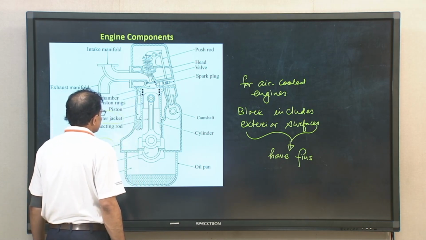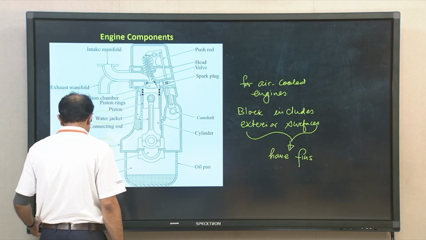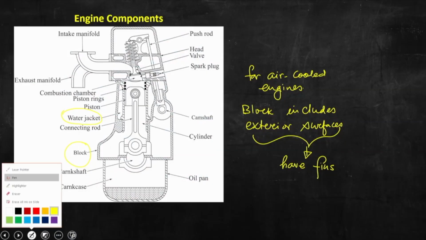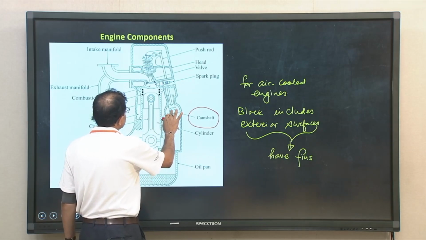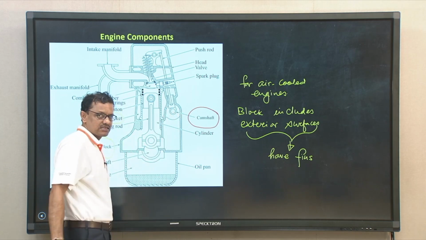Next, we go to another very important component, that is the camshaft. If we focus our attention over here, you can see there is a camshaft. So, you can understand that a cam and follower mechanism is there.